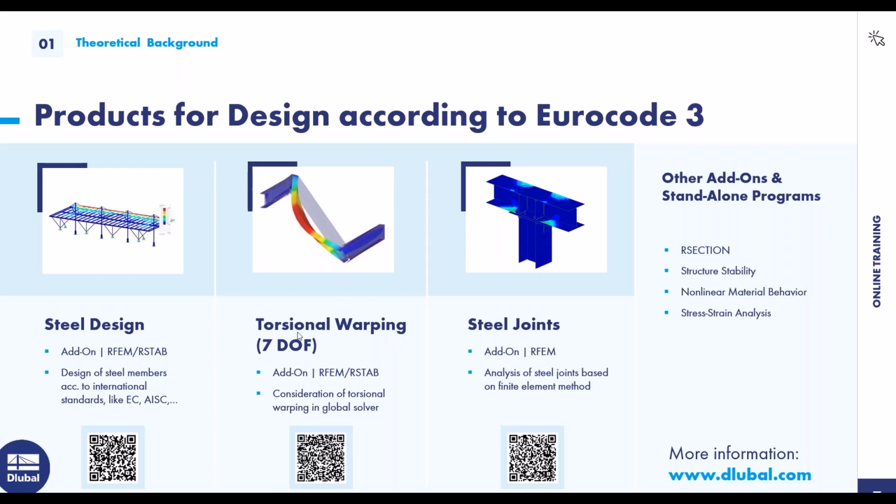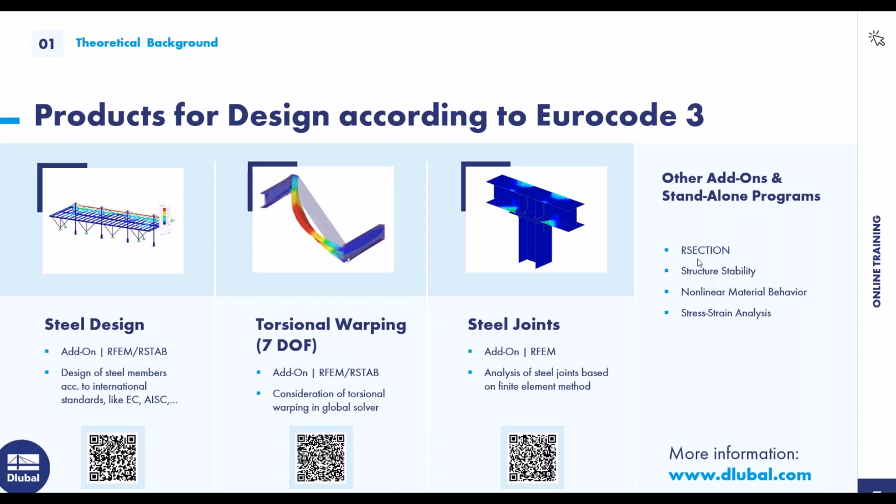Then there's the add-on torsional warping, with which you can consider the 7th degree of freedom, the torsional warping. Then steel joints. With that add-on, you can analyze steel joints based on the finite element method.